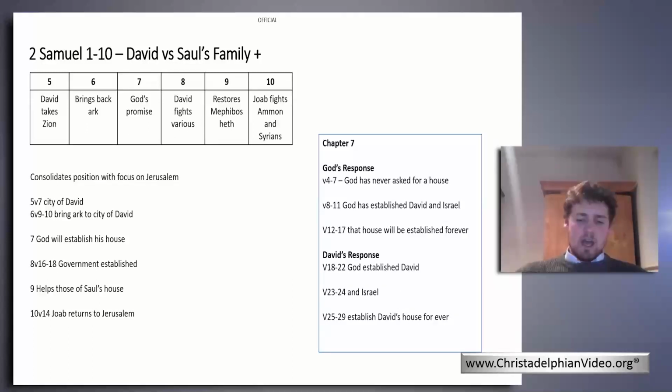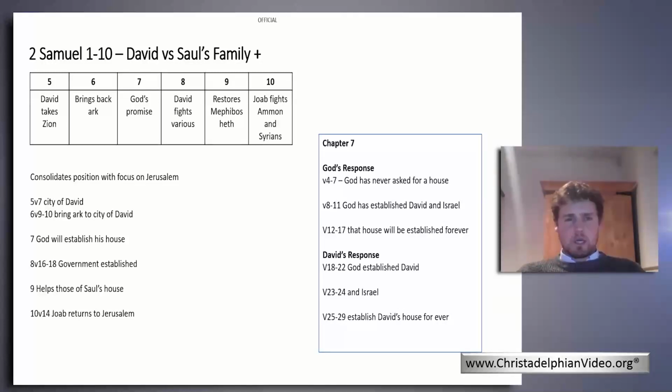He's no longer having to fight and battle quite as much, although there is lots of fighting and battling going on. He recognizes that God has established him, and so he wants to then do something for other people. And he starts with trying to do things for God in chapter 7. And then when God rejects that offer, or says it's not necessary, then he says, well, maybe I can do something for the house of Saul in chapter 9, and I can help out the house of Saul.